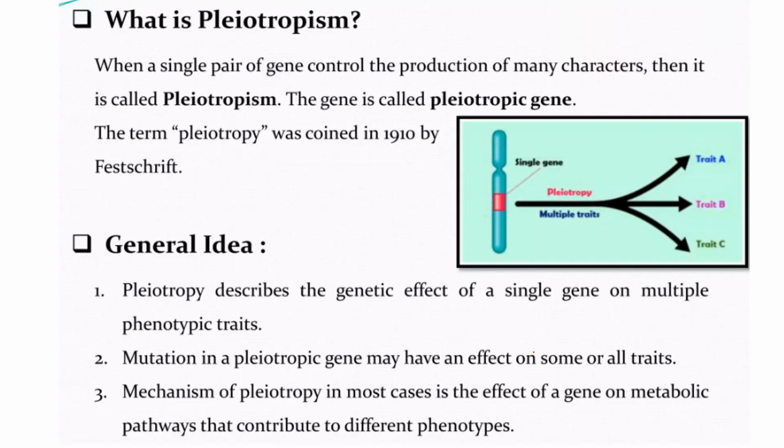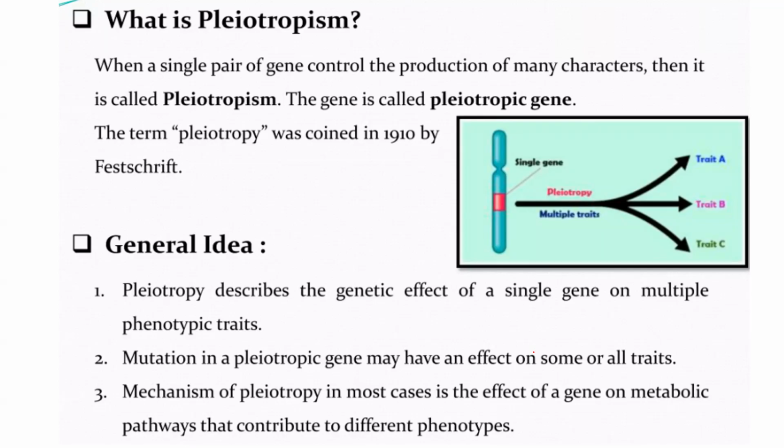So the basic idea here is that it describes the genetic effect of a single gene on multiple phenotypic traits. A mutation in a pleiotropic gene will therefore have multiple impacts. So if anything happens to that one gene, you're not simply going to get one trait change, you're going to get multiples of them, right?